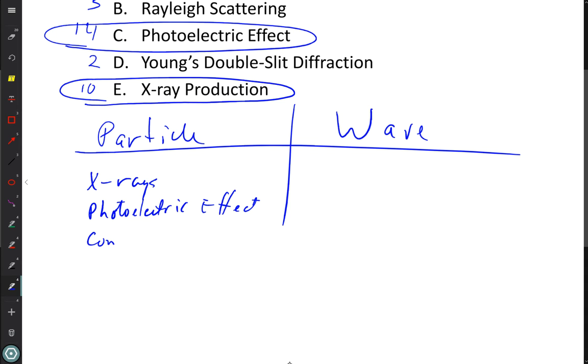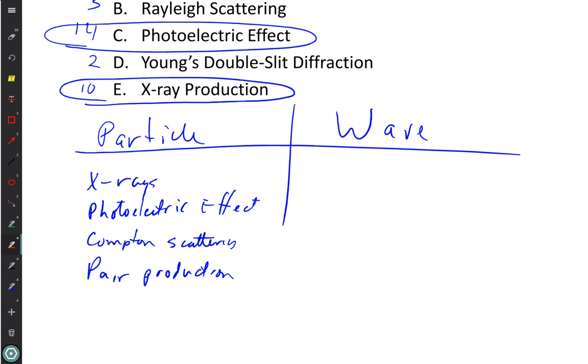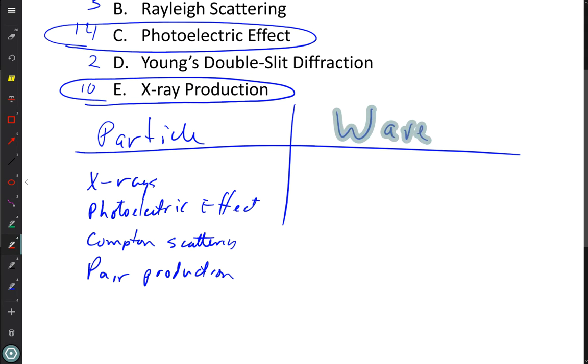And Compton scattering. There's one more, pair production, where you have photons disappear and produce two particles, right? That doesn't work with a wave. You're creating matter from light.